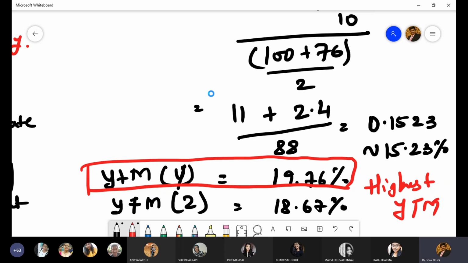I repeat the whole thing. When multiple investments fulfill the requirement of an investor, then the investment avenue or the bond which gives the highest rate of return should be suggested.